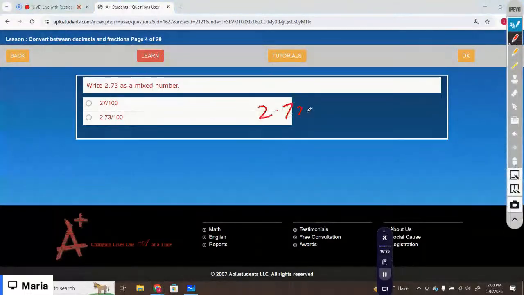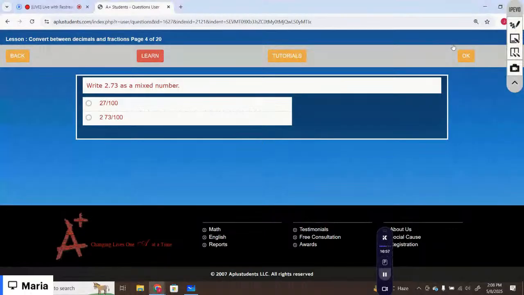So write 2 as it is, 73, and 1 for the decimal point and 2 zeros for the two numbers after the decimal places. So that is 2 whole 73 over 100. Option number two is the correct option.